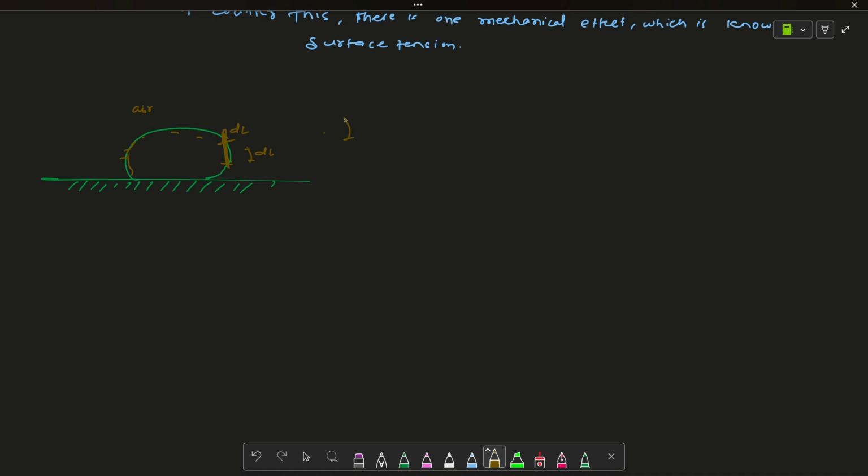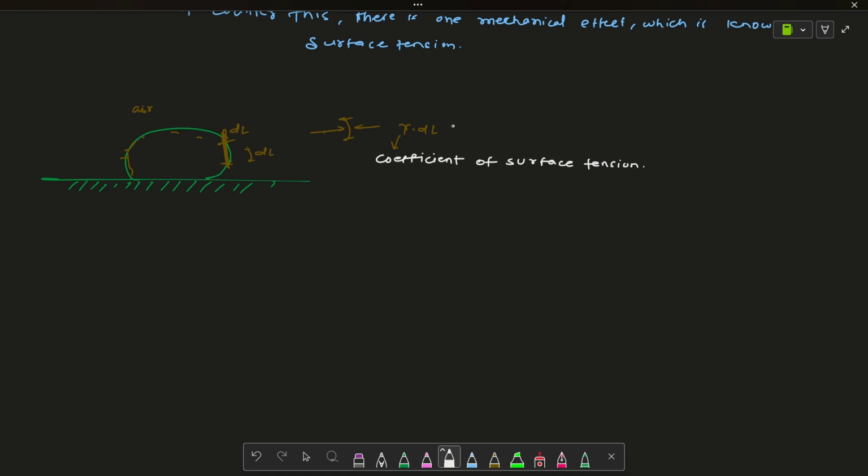When you make this cut, normal forces act from both directions, parallel to the surface as well, and that force is equal to gamma into dl. dl is the length of the interface, and gamma is known as the coefficient of surface tension.